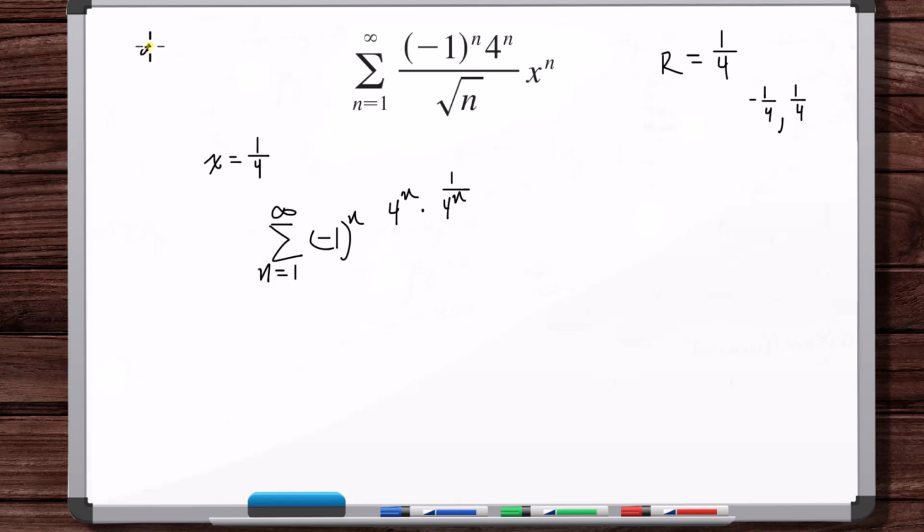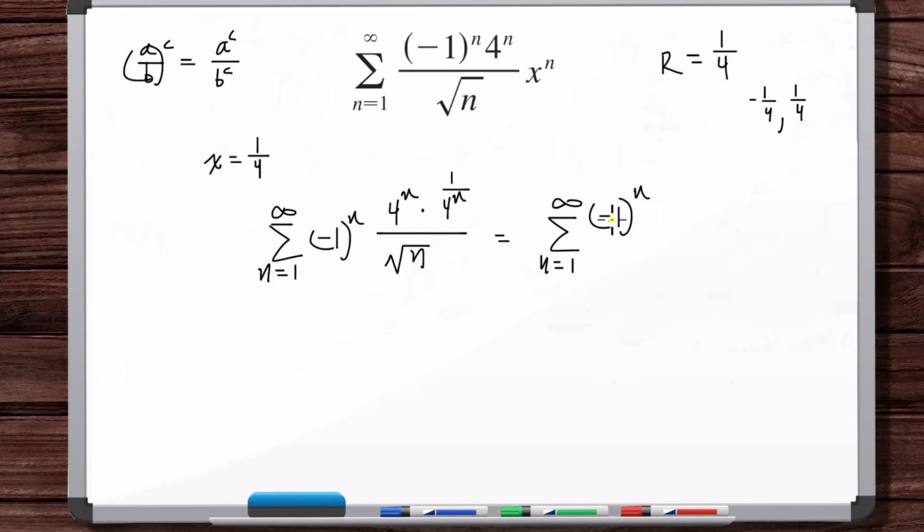So like a over b to the c is equal to a to the c over b to the c, but 1 to the n is just 1. So, okay, this is, right, because these cancel.